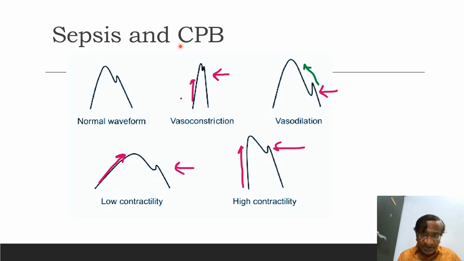And in cardiopulmonary bypass, there is an intense vasoconstriction. After bypass, you start nitroglycerin, and if the curve becomes like this, then you see your vasoconstriction and SVR decrease is becoming relatively normal after bypass. You have a low contractility and a high contractility.